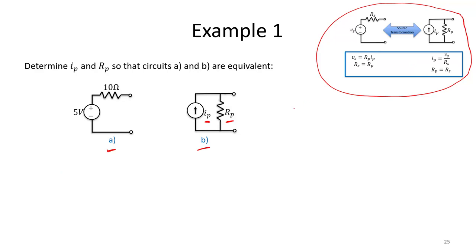Let's go through this together. What do we have? We know our series voltage is equal to 5 volts, that's Vs. We know the series resistor is equal to 10 ohms. What do we want to determine?